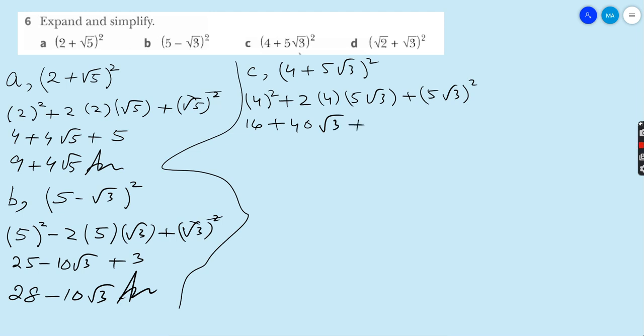Apply square to both numbers. 5 square is 25 and multiply by square and root cancel 3. 16 plus 40 root 3 plus 25 3s are 75. 75 and 16.